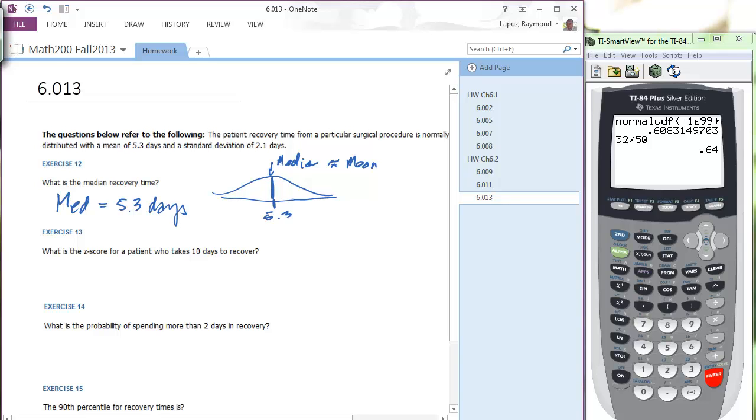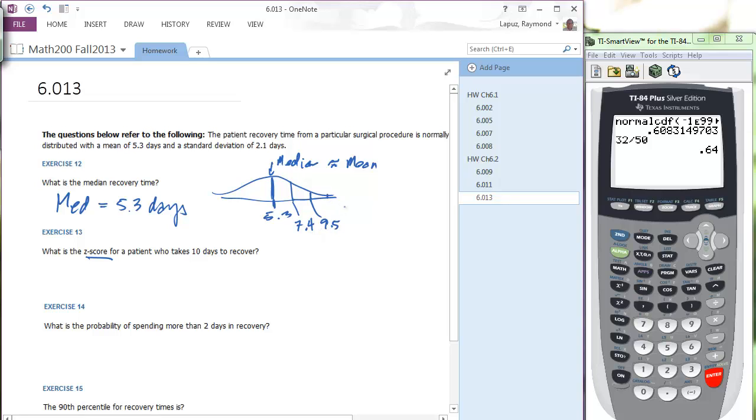The next question, what is a z-score for a patient who takes 10 days to recover? Remember that the z-score is the number of standard deviations away from the mean. So if 2.1 is a standard deviation, 5.3 plus 2.1 is 7.4. 2 standard deviations, if we add another 2.1, would be 9.5.